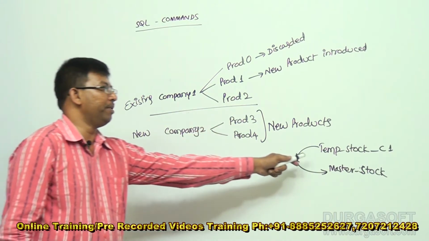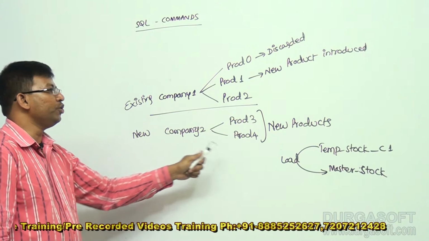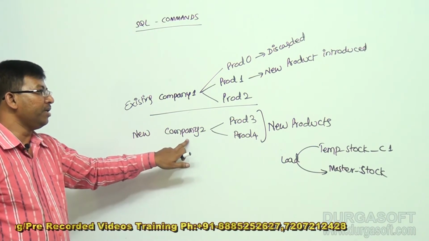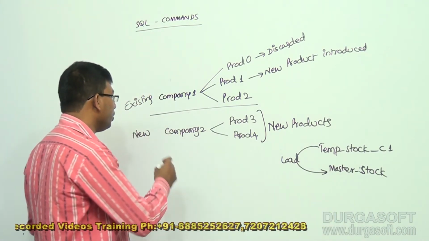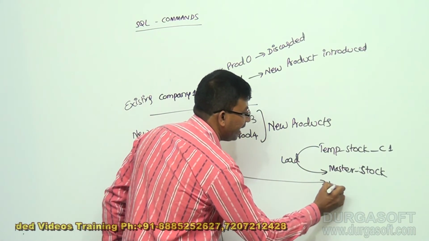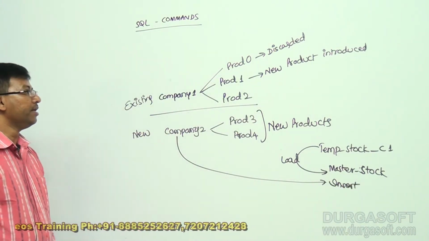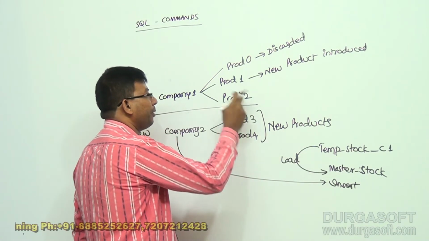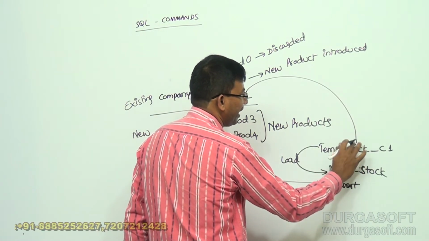So in this temp table, we are getting the existing company's data and new company's data also. Since it is a new company, the entry will not be there in the master table. So all the new company entries will go as insert. Now the existing product, since the company name is already listed and the product name is also already listed, we need to update.